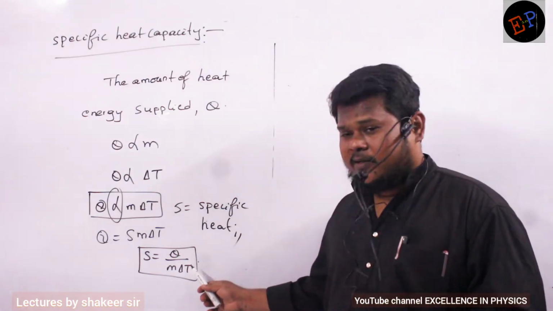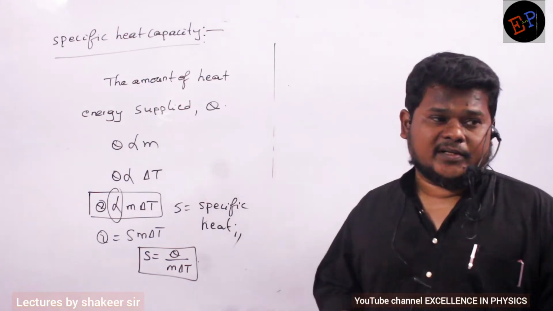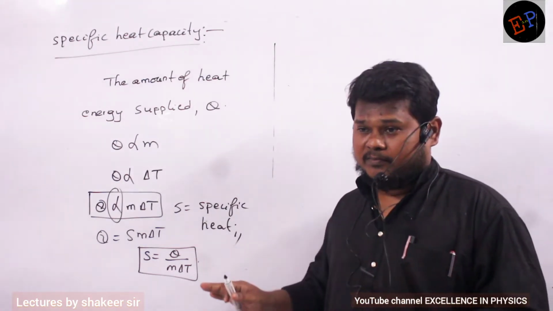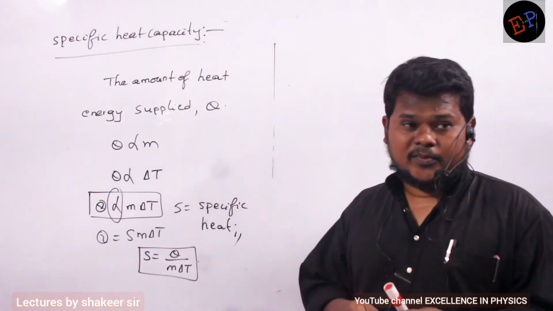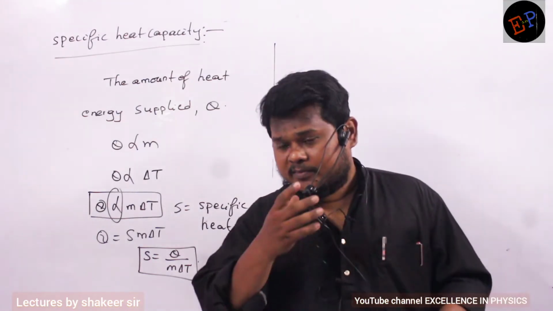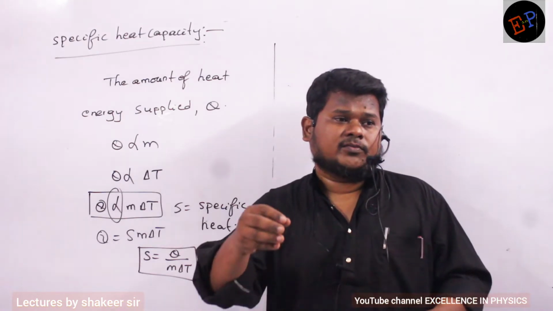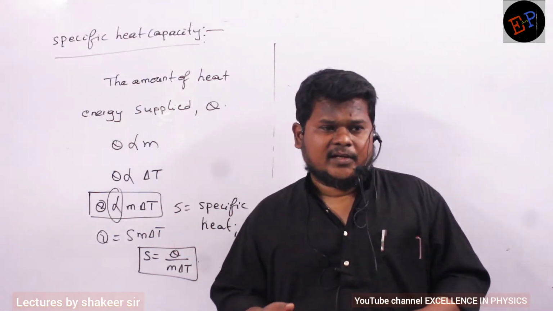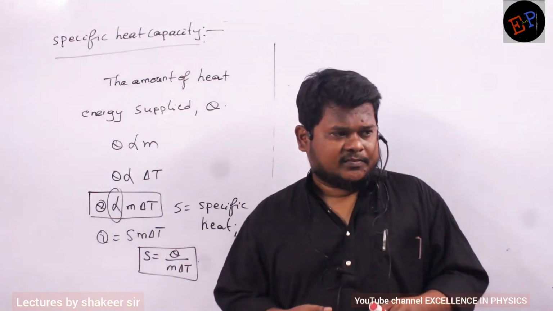And specific heat depends on what? It depends on the nature of the material. Specific heat is not the same for every material. For example, if you put hot food in an aluminum plate and the same hot food on a stone, will both of them get heated up to the same temperature?